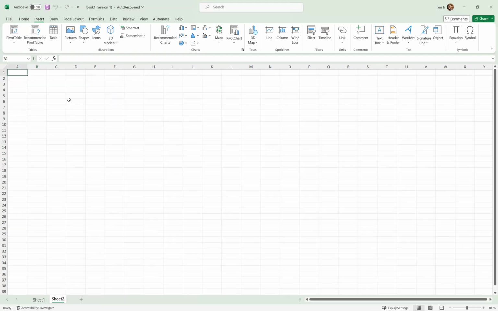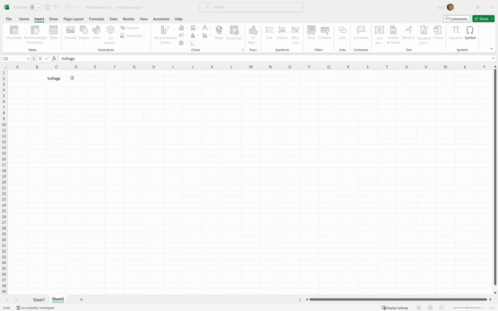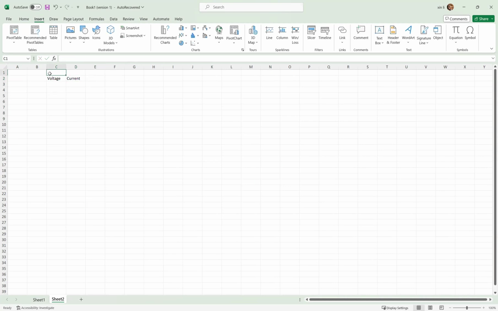So how to do Excel? What you are going to do is record the voltage. Can you see? And you are going to record your current. Okay, so here I want you to do voltage, going from 2, 4, and then 6.